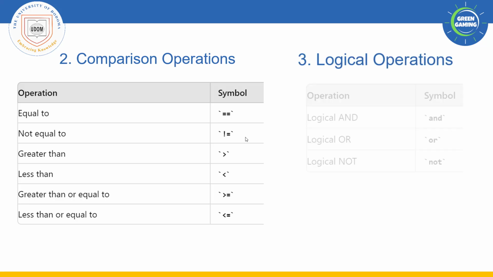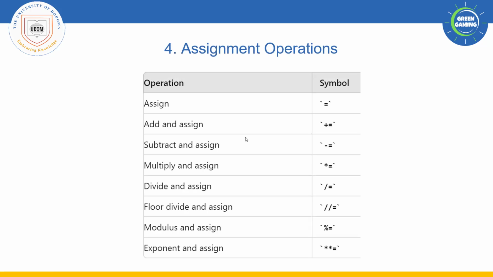And also we have logical operation, which includes and, or, and not. But we also have assignment operation, which includes something like this: assign, add and assign, subtract and assign, multiply and assign, divide and assign, floor divide and assign, and others. So those are different kinds of operation which Python supports.